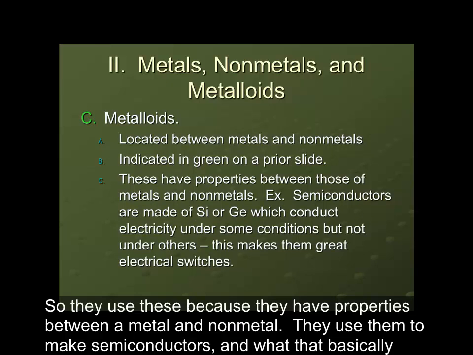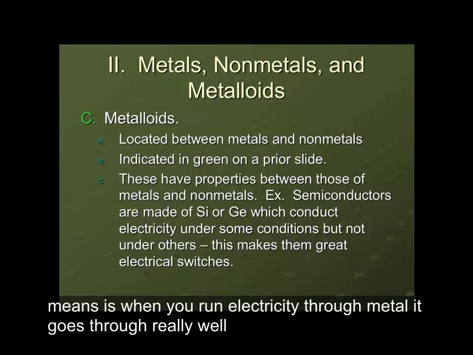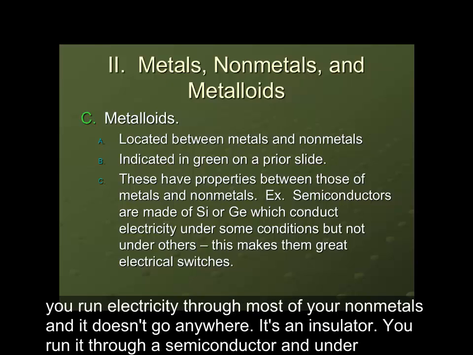They use these because they have properties between a metal and a nonmetal. They use them to make semiconductors. What that basically means is when you run electricity through a metal, it goes through really well. You run electricity through most of your nonmetals and it doesn't go anywhere. It's an insulator.